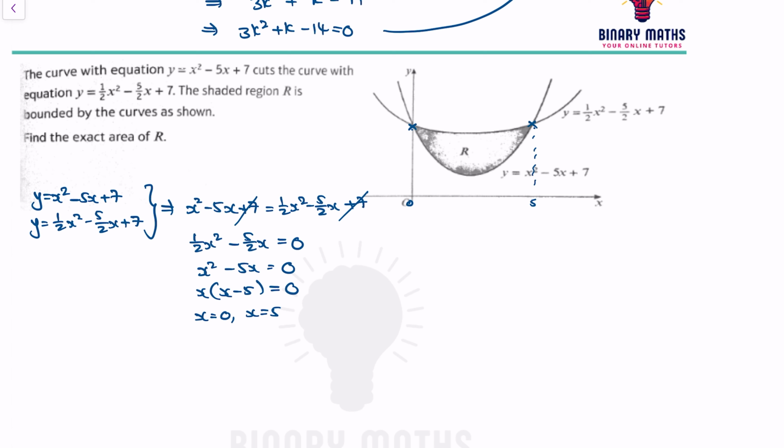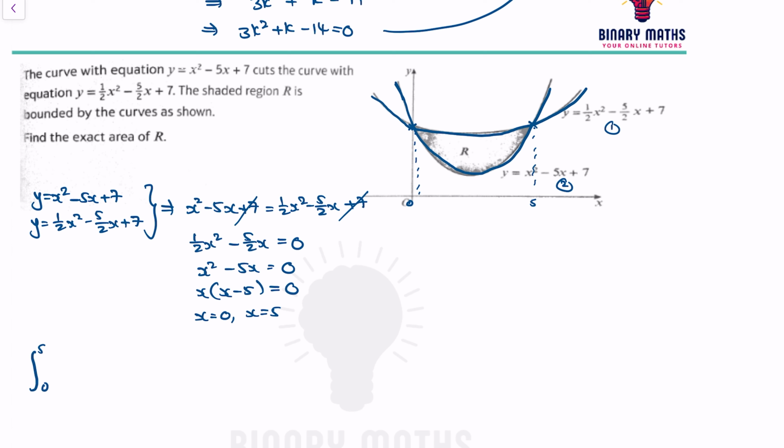Now it's easier to just integrate as one, so I need to do the area under the first curve, take away the area under the second curve, which will give me the region in between. Because the area under the first curve will also give me this part, but when I subtract it, I'll be left with the region that I want. So that means I need to integrate between 5 and 0.